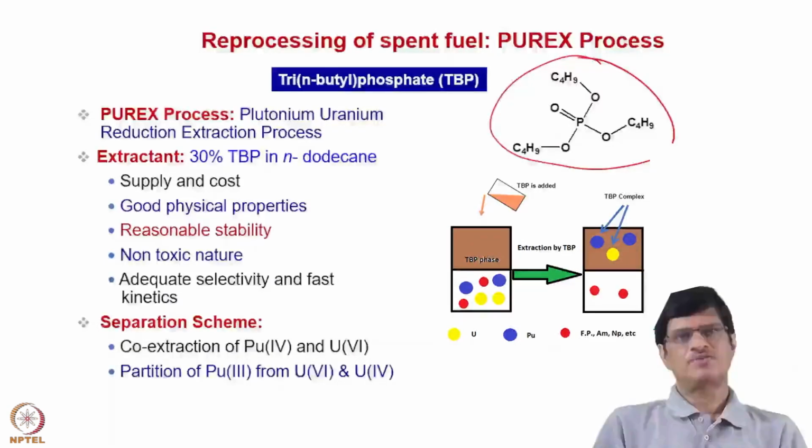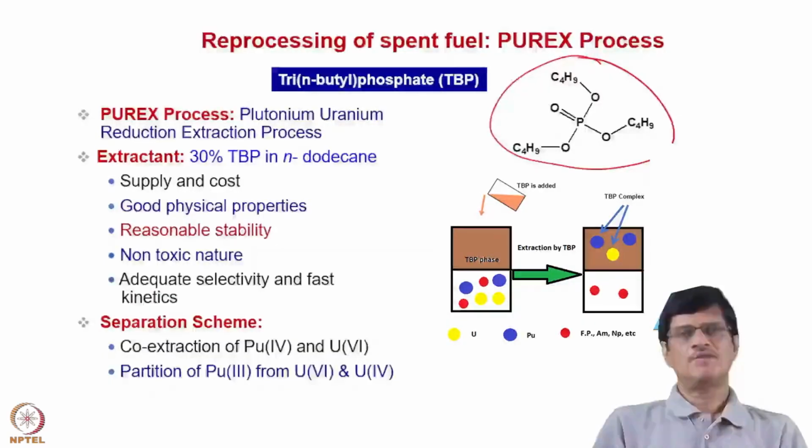And the separation scheme is actually the co-extraction of plutonium 4 and uranium 6 by the TBP. And in a subsequent step, this plutonium and uranium partitioning is done by reducing plutonium to the plutonium 3 oxidation state. So the steps we'll be discussing in the next slide.